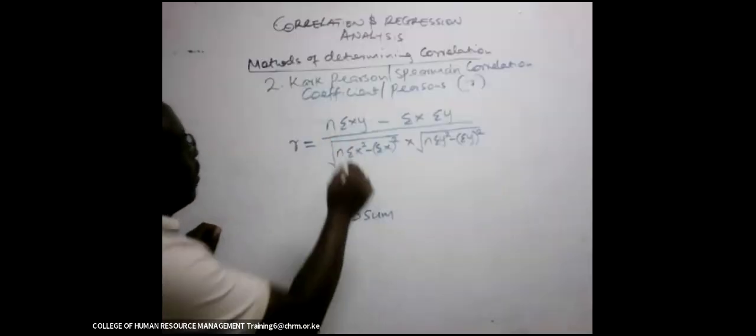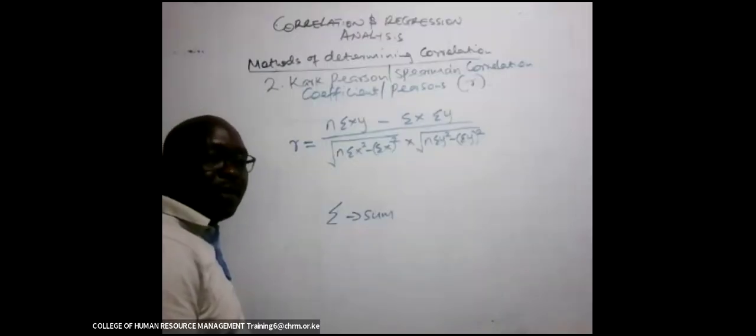So you say n times the sum of xy, minus the sum of x times the sum of y. What is n? N is the number of elements. N is the number of pairs, the data points.